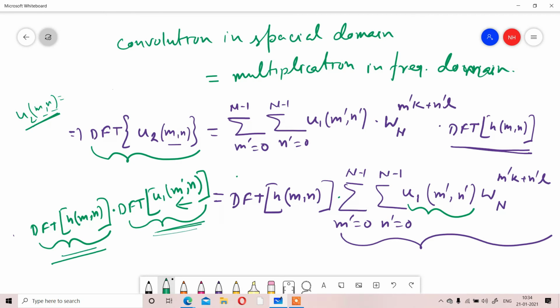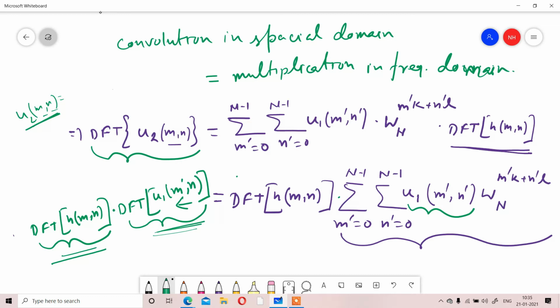In spite of doing the convolution in the spatial domain, doing the multiplication in the frequency domain is the easier part, because you have the structure. You simply put the values of h m n and u1 m n in the FFT structure, get the frequency domain expressions, and multiply them.